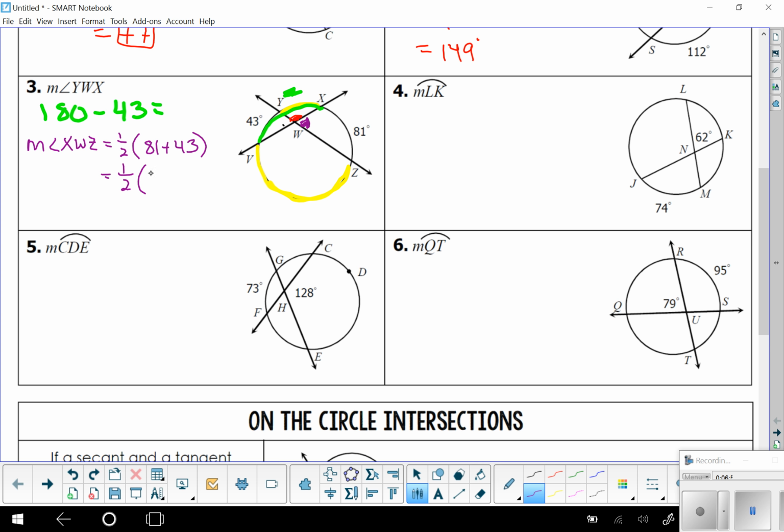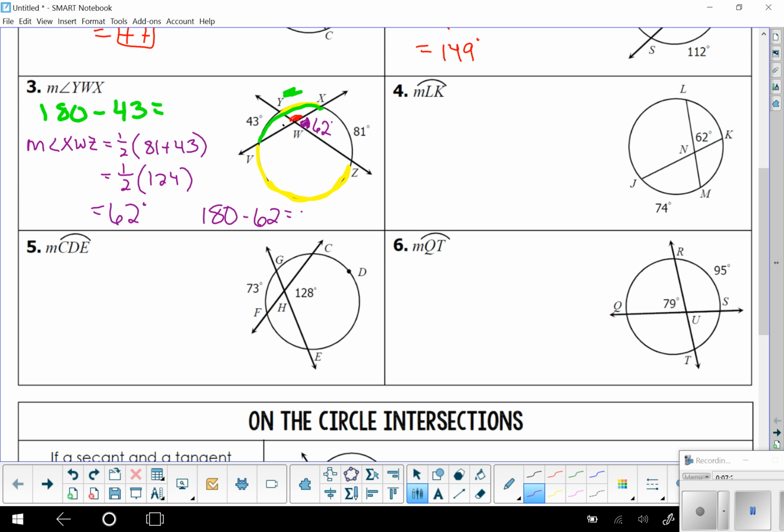Add those together, we get 124. This is going to equal 62. So this guy right here, oh, it's a really bad 62, guys. Let me fix that. And again, I hope you guys are checking my math. So if that's 62, 180 minus the 62 is going to equal what?